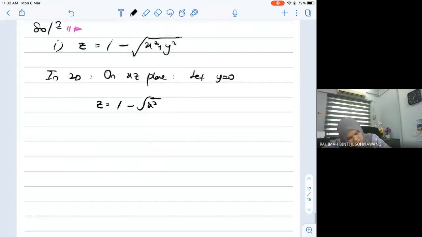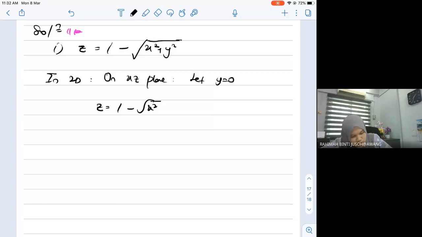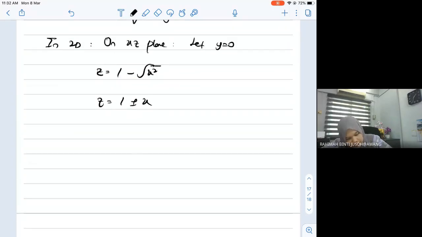In this case, when you take the square root of the power, it automatically becomes plus or minus. z equals 1 plus or minus x. So from here you will have two equations. The first one is z equals 1 plus x. The other is z equals 1 minus x.